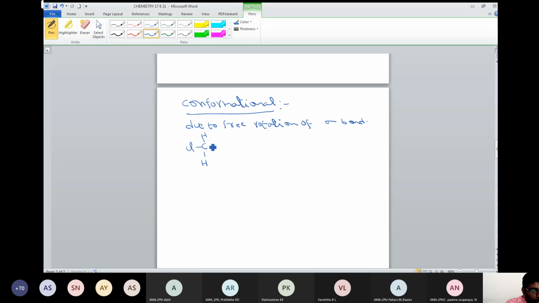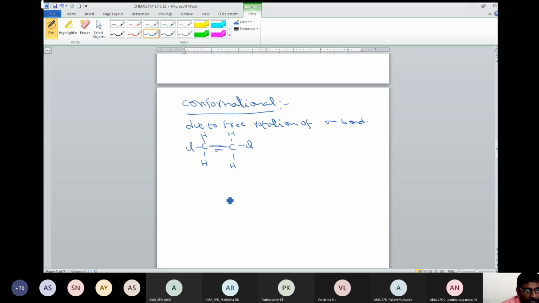This is CH2Cl, and this is CH2Cl. So it is a carbon-carbon single bond. This is the sigma bond. A sigma bond can rotate freely. So due to free rotation, they will exhibit conformational isomerism.